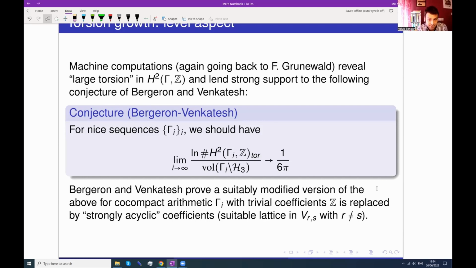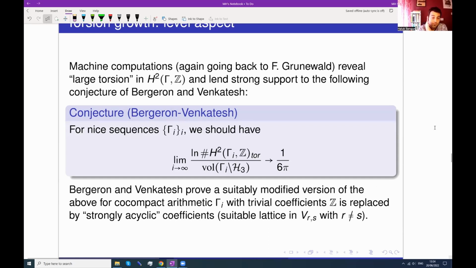That was what Fritz Grunewald was intrigued about. And more recent machine computations show that there's lots of torsion, and you can see astronomically large primes dividing the size of that finite abelian torsion group. It can get really, really big, really fast.